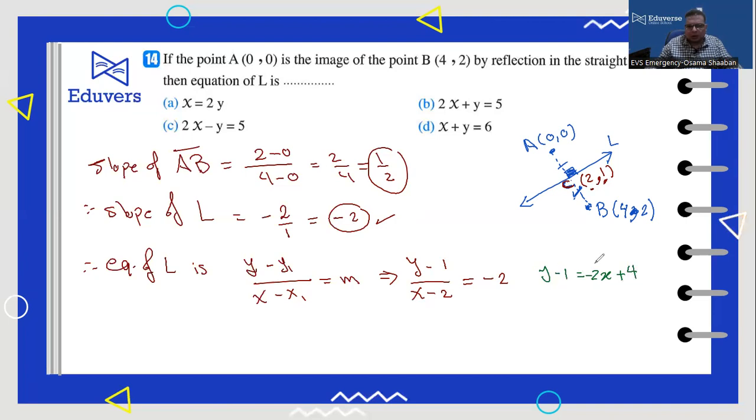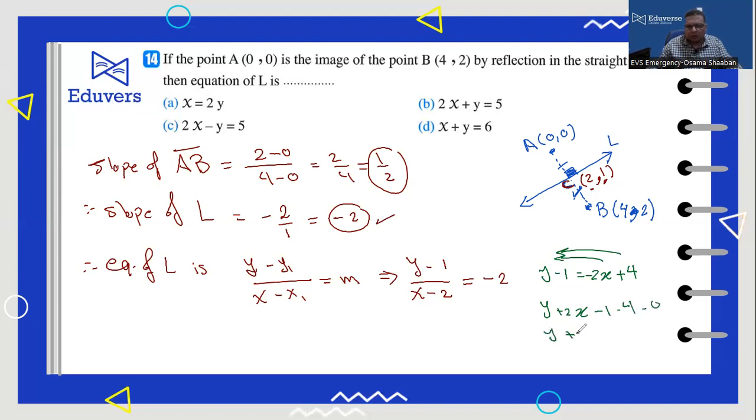So you can move to the other side: y plus 2x minus 1 minus 4 equals 0.